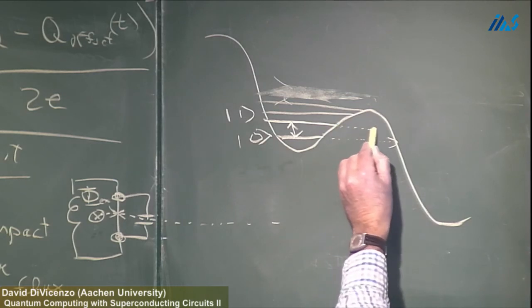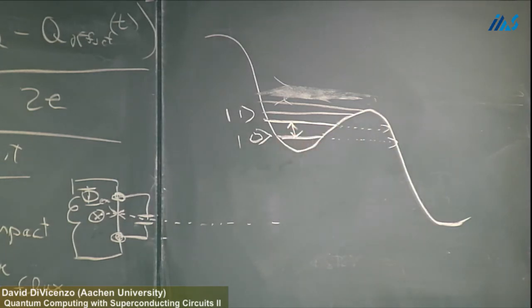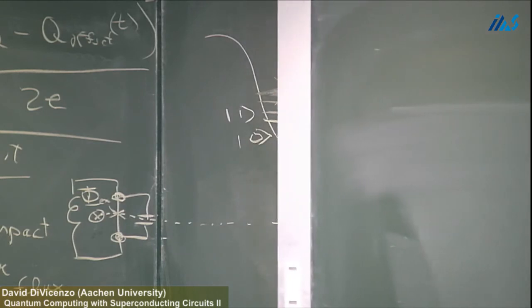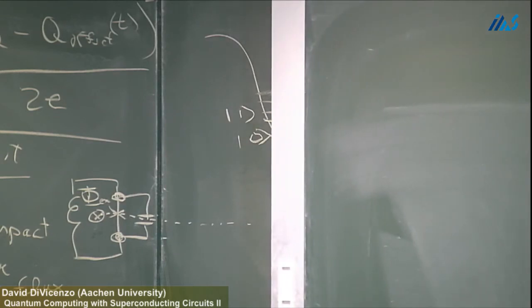Well, the tunneling is arranged so that if you're in the 0 or the 1, its rate is quite slow compared with the things you want to do with the qubit. I mean, it will eventually decay that way. So that's a real problem with this qubit, that you can make that decay lifetime long, but you can't make it infinite. And in fact, you use the fact that it's not negligibly small to do the following trick.